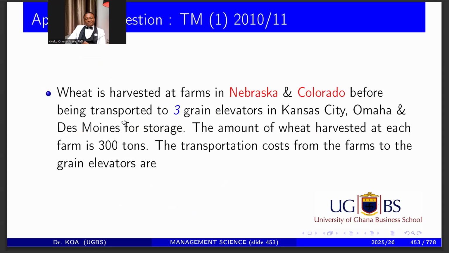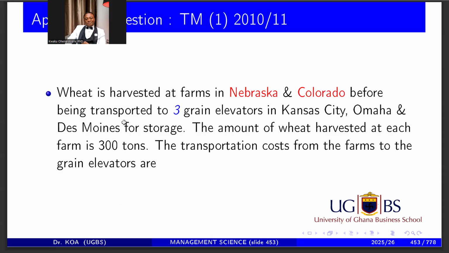Now let's continue our model. You know, we had the 3 grain elevators in Kansas City, Omaha, and Des Moines. They were storing the wheat grain. But what we didn't tell you earlier is that before the grains were stored in these 3 cities, they were actually harvested at farms in Nebraska and Colorado.